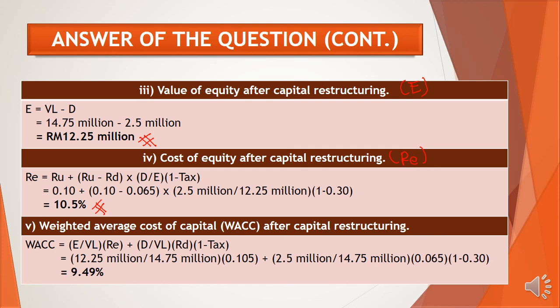As an answer, you will get the WACC, the weighted average cost of capital, equivalent to 9.49%. So those are examples of questions and how to calculate.